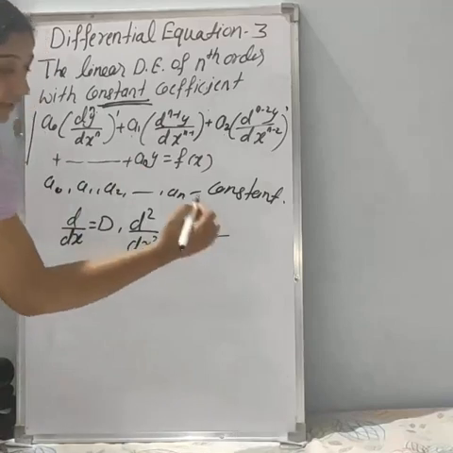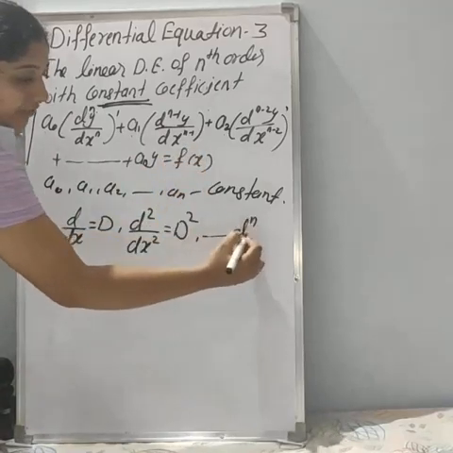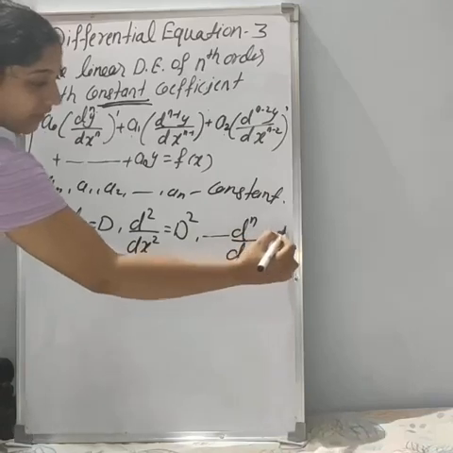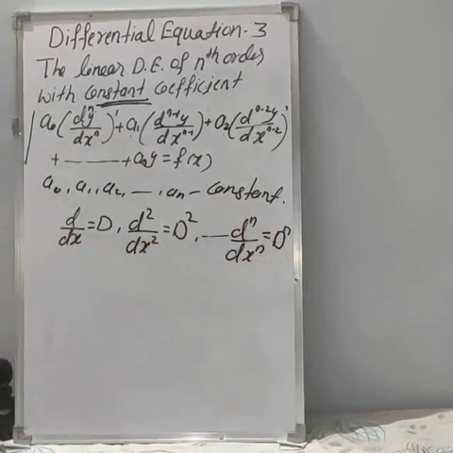So on, for the nth term, d^n/dx^n, we substitute capital D raised to n.